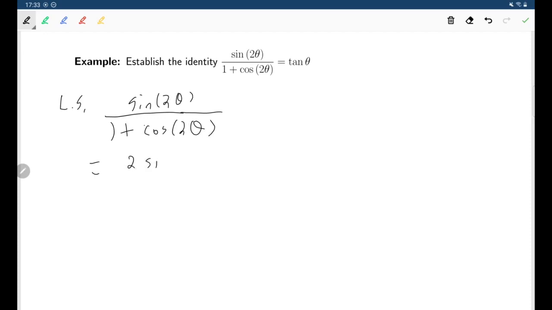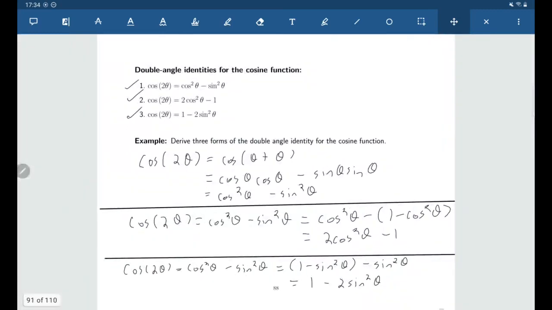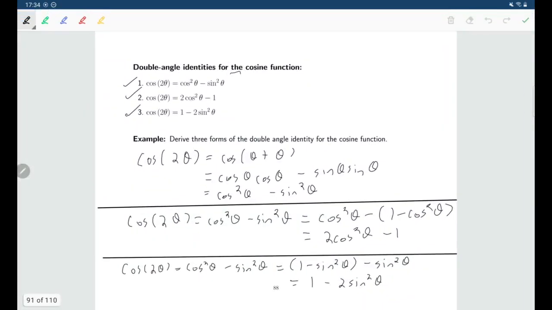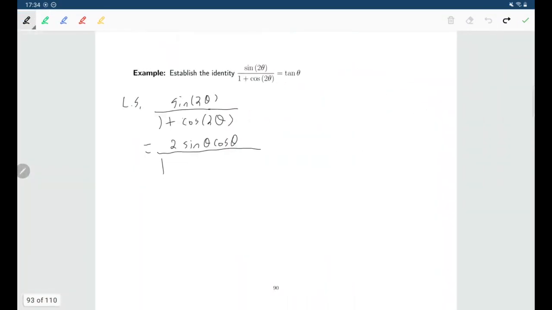Now for the denominator, this is something where I'm going to need to think strategically, because for that cosine 2 theta, there's a bunch of different things that I could put in for it. I could be using any of these three identities that I had for cosine 2 theta. But I'm thinking ahead about eventually I want to have what I've got on the left side equal to tangent of theta.